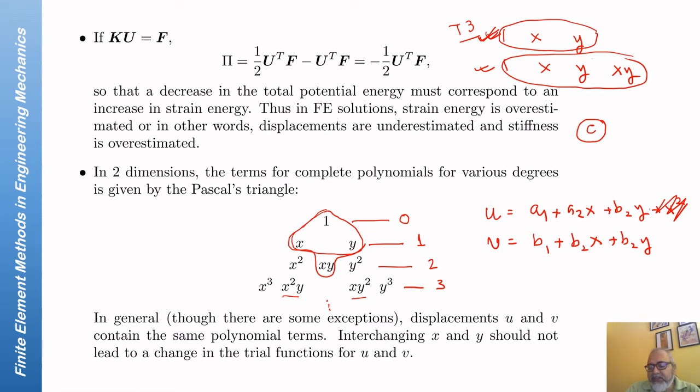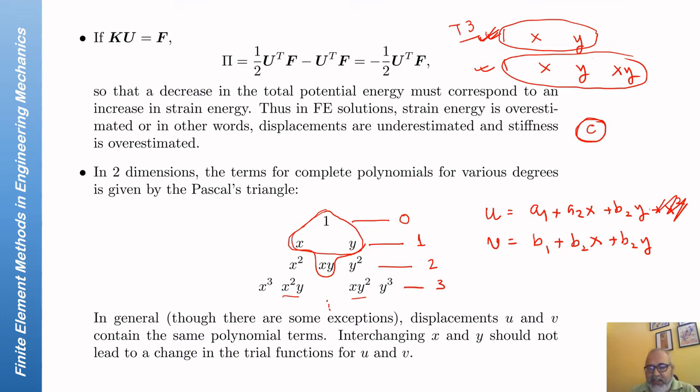So these are the two things that you must keep in mind, that we try to take as large a C as possible, and we also try to look at the Pascal's triangle and choose terms that make u and v isotropic, that is independent of the orientation of the x and y axis.